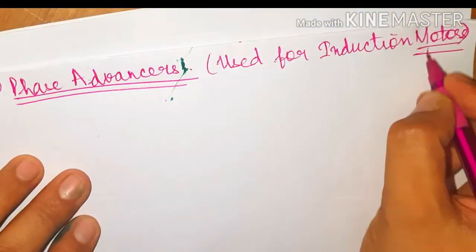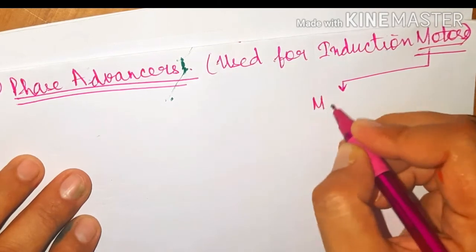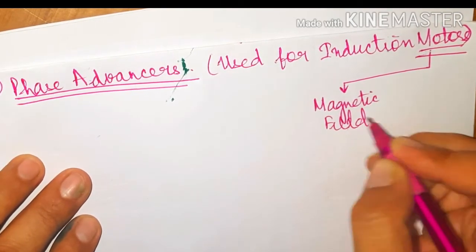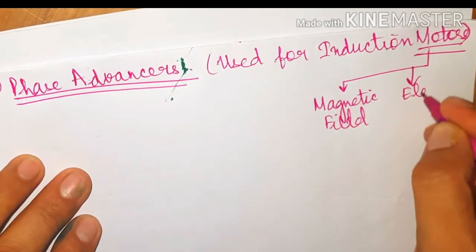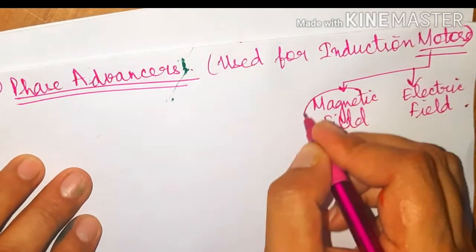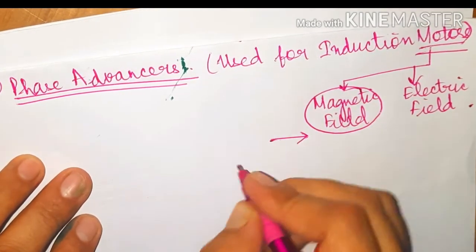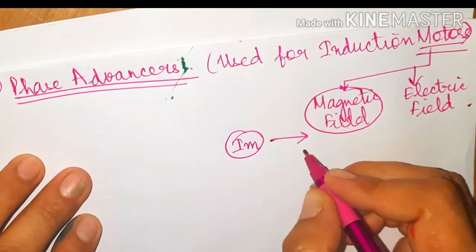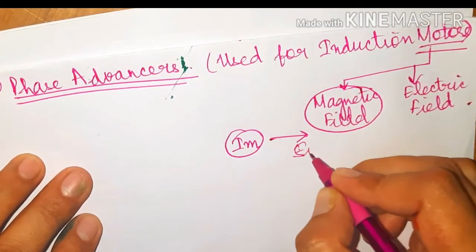All right, so there are basically two fields. One is the magnetic field, as I always tell, and the second one is the electric field. For the magnetic field, you have to supply the magnetizing current Im to the field windings.